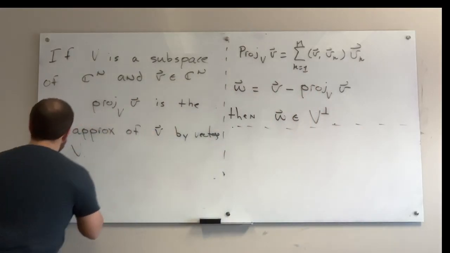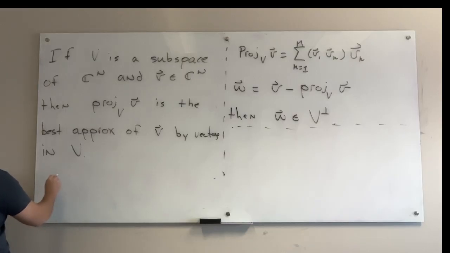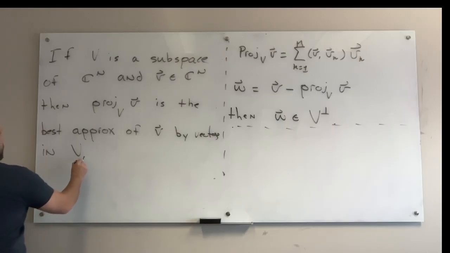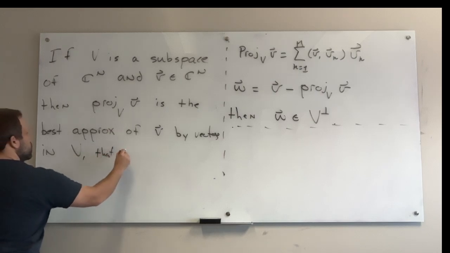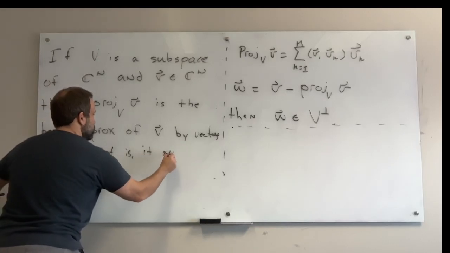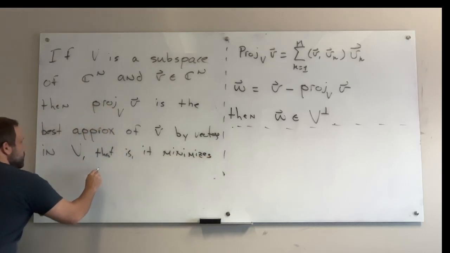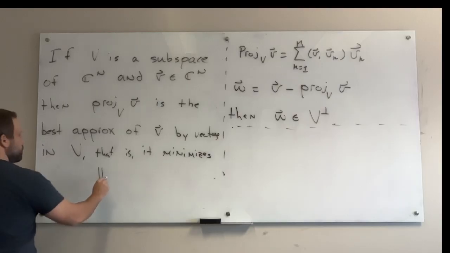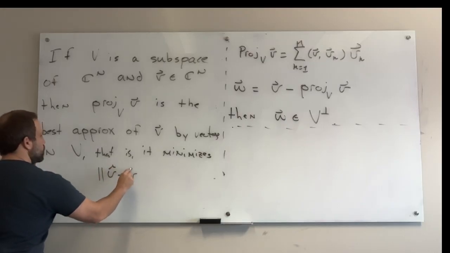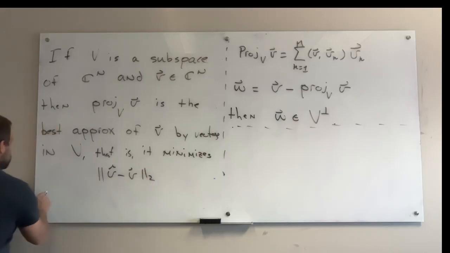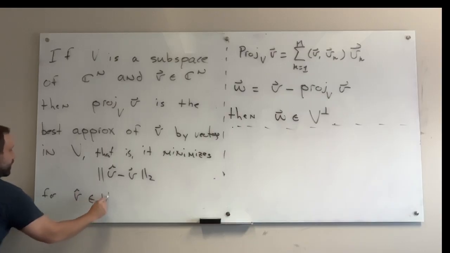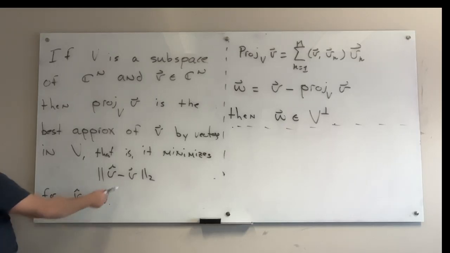So I mean in the following sense: it minimizes the 2 norm of v hat minus v, for v hat in the subspace V. So in other words, v is our fixed vector.